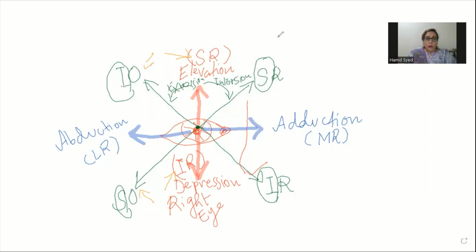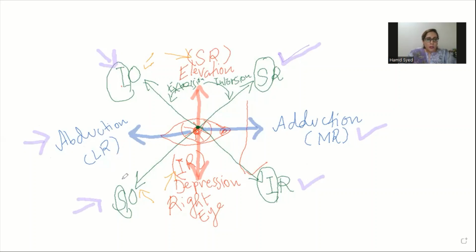Okay, also what we want to look at over here is that on the medial aspect, we've got three muscles in this diagram. These three muscles are the superior rectus, the medial rectus, and the inferior rectus. They all perform the adduction of the eyeball. And on the lateral aspect, what we have are the inferior oblique, the lateral rectus, and the superior oblique.